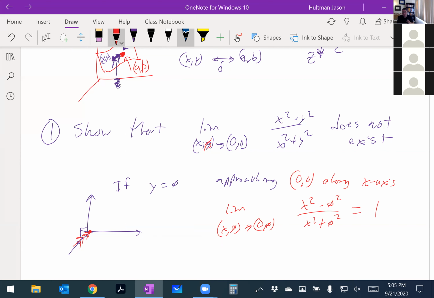The limit of that value is going to be 1. So the z value is 1. So I'm really kind of approaching it like this. Again, it's kind of hard to draw. It doesn't matter where I'm at, but I'm approaching this thing, and I'm going to hit f of xy equals 1 if I approach it along the x-axis.